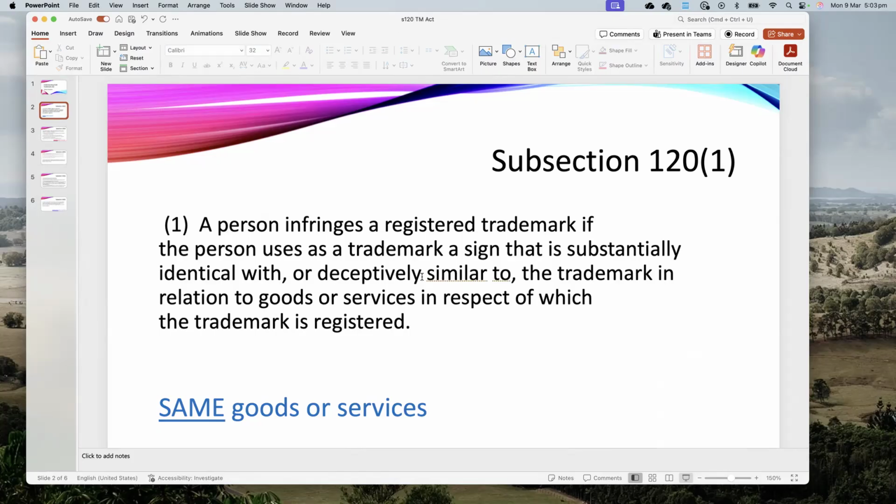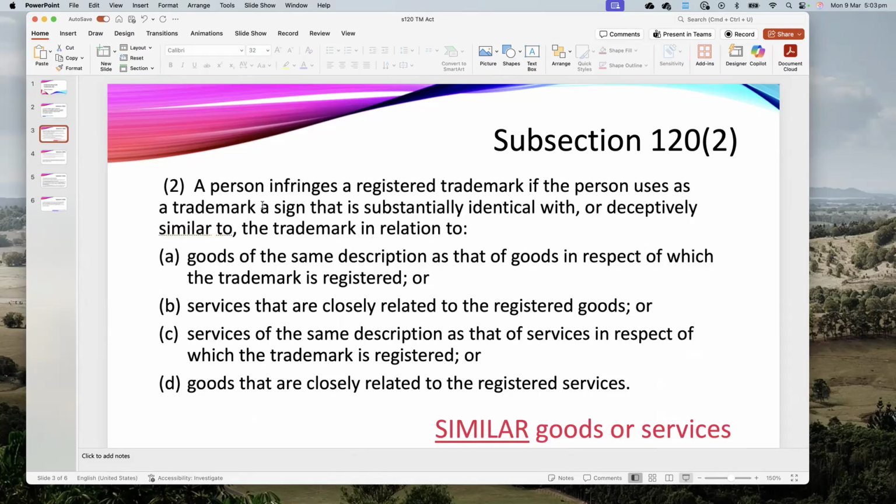So if they see the allegedly infringing mark in a supermarket, would their recollection of the registered trademark make them think that these could be the same or that they could be related? Is it deceptively similar or not? Are the words similar? Is the font similar? Are the colors similar? That is what you're looking at for deceptive similarity. But you're only using subsection 1 if it is the exact same goods or services.